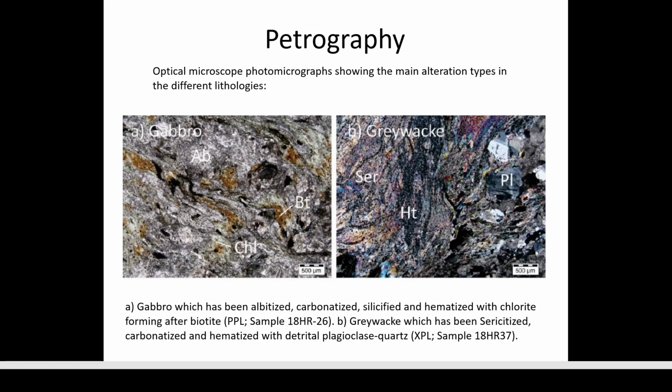It is found that the chlorite is forming after the biotite and is allowing for the chloritization reaction to occur. In the greywacke, we can see the presence of alteration, including sericitization, carbonatization, and hematization. This is occurring around the detrital plagioclase quartz matrix.